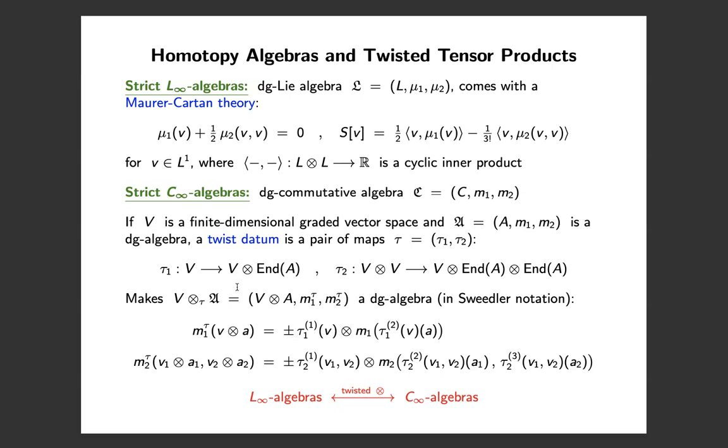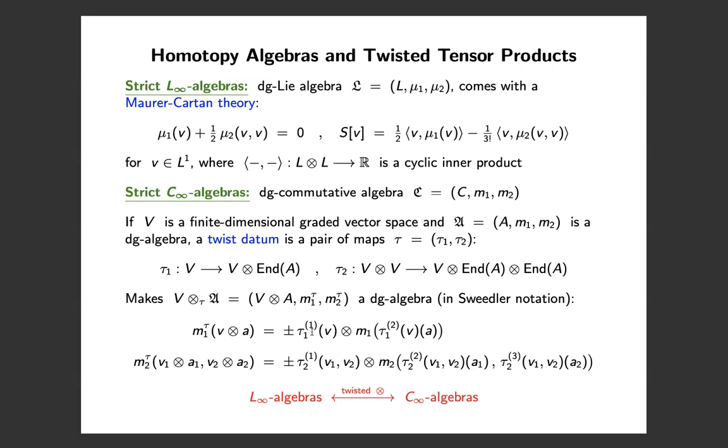The Sweedler notation means that the superscripts one and two land in the respective legs of the tensor product over here. So you take the twist map tau 1.